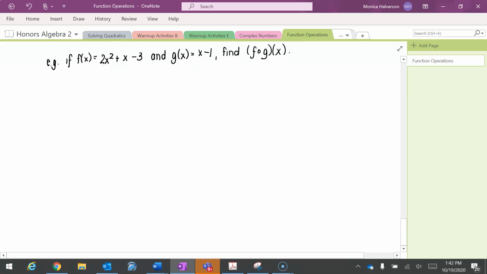The second example I would like you to do is if g of x is equal to 2x and h of x is equal to x squared plus 4, find h composed of g of negative 2.